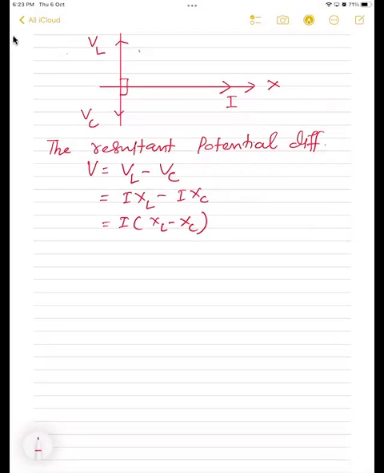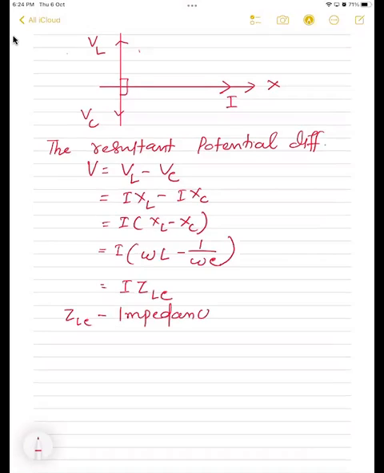And XL is how much? Omega L. XC is how much? 1 by omega C. So completely, if we go for magnitude, then that is the impedance through LC, ZLC. This is the impedance of the LC circuit, correct?